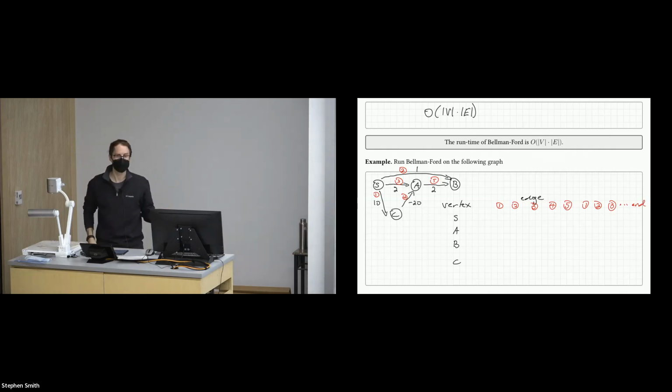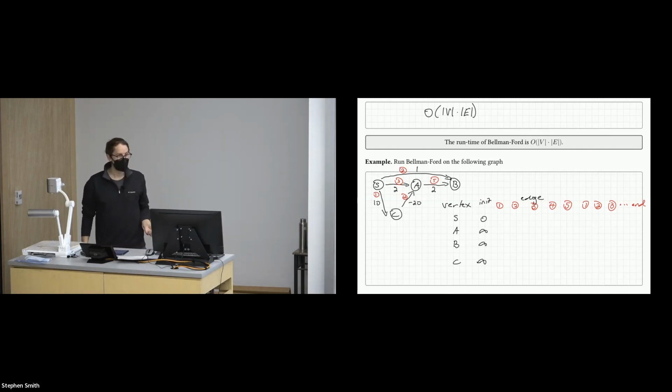And let me just say to the end. So in the initialization, let's make one more column that's where we initialize everything. We're going to have 0, infinity, infinity, infinity.